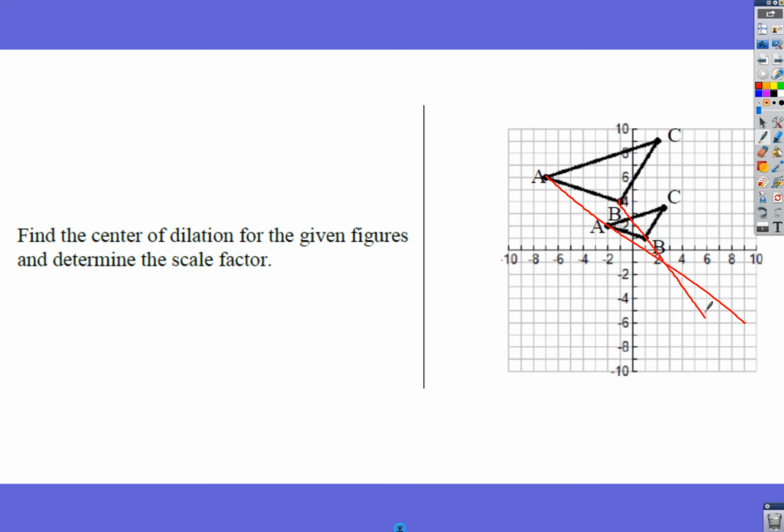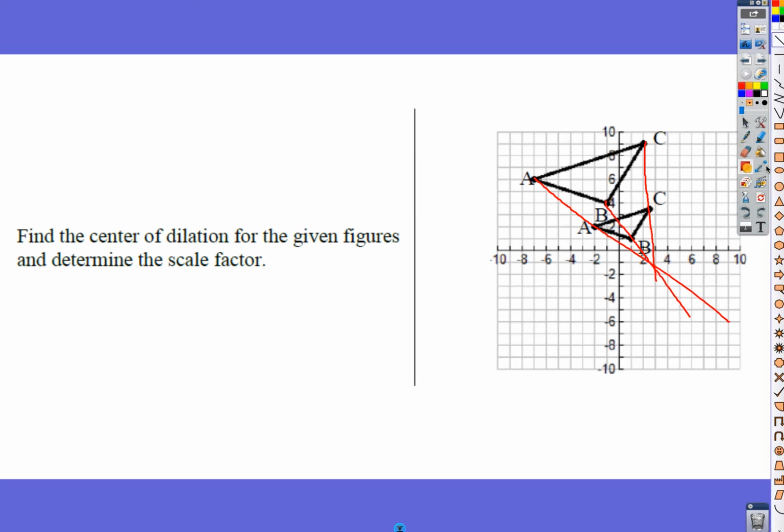I connect the C with a C, and I keep on. It looks like it's a little off, but I also don't have a line tool. Oh, maybe I do. Okay, I can use that. They're not perfect lines.